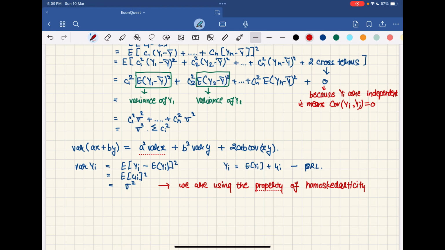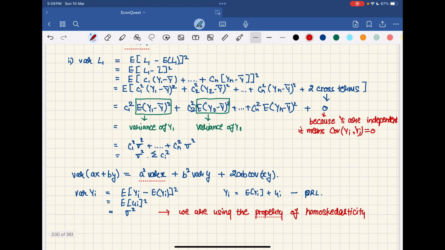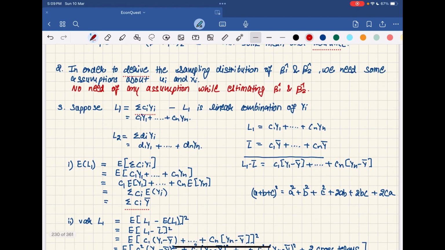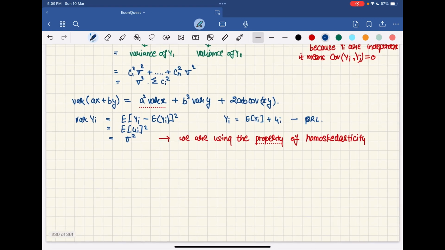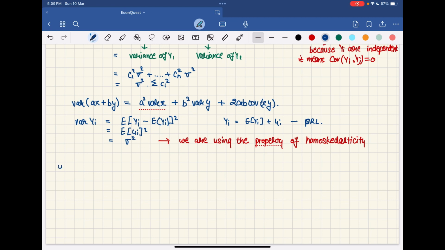So these are the 2-3 things actually which we should know before calculating the variance of beta 1 hat and beta 2 hat, okay? So now we will see about the variance of beta 2 hat, okay?